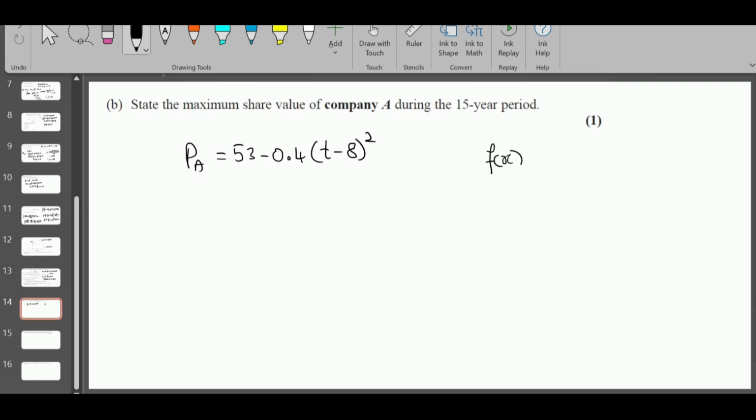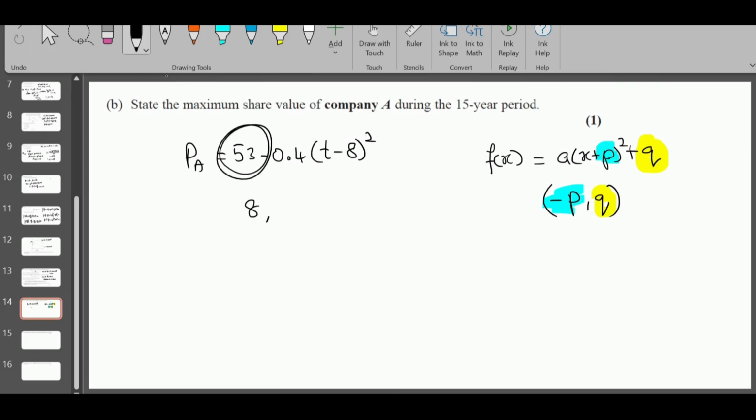If you have a quadratic function in the form a times x plus p whole square plus q after completing the square, the turning point will be minus p comma q. That means you need to take this number, change the sign, and take this number standing all alone as it is. That is going to be the turning point. So in this case, the number inside the bracket is minus 8, so it's going to be plus 8, change the sign. And the number standing alone outside is 53. That's the turning point.